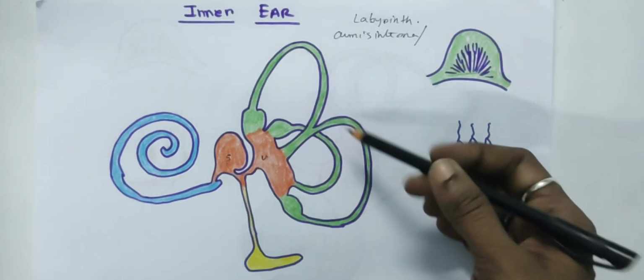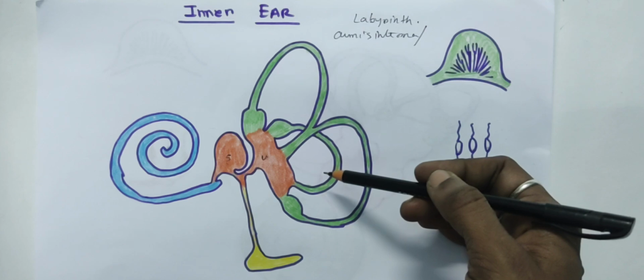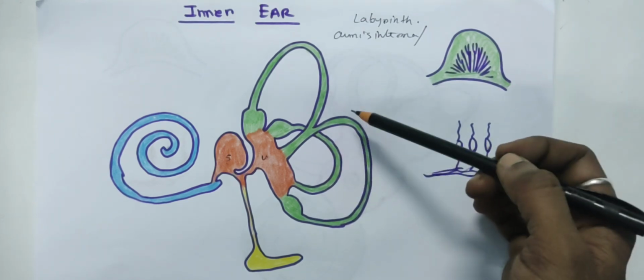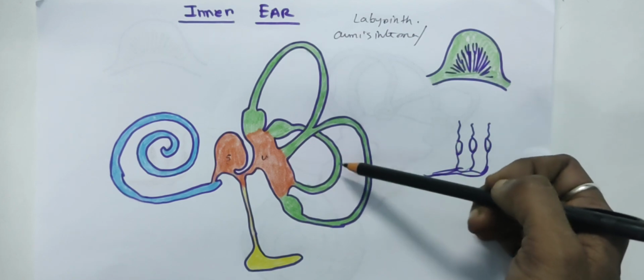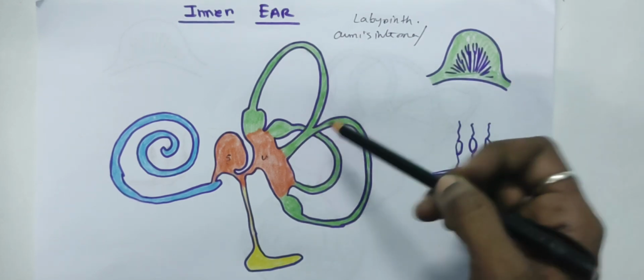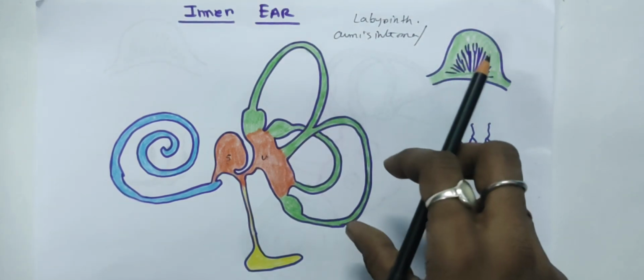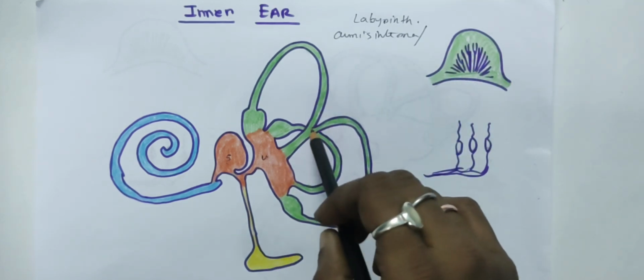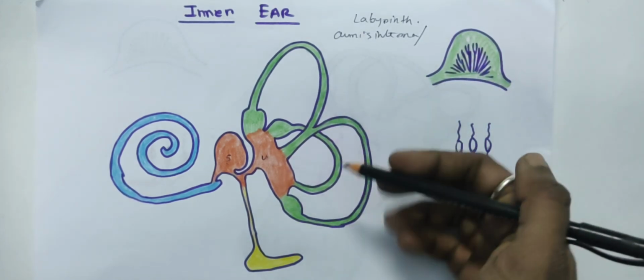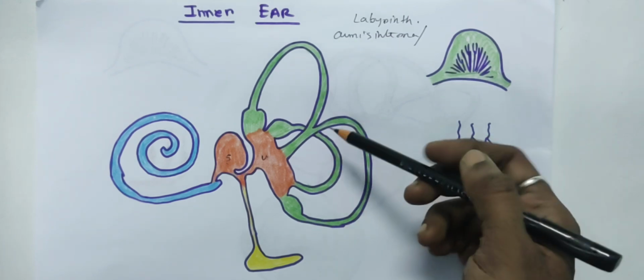Now focus on the semicircular canal. Here are three tiny interconnected fluid-filled tubes, placed at right angles to each other. That's why they give a three-dimensional structure.